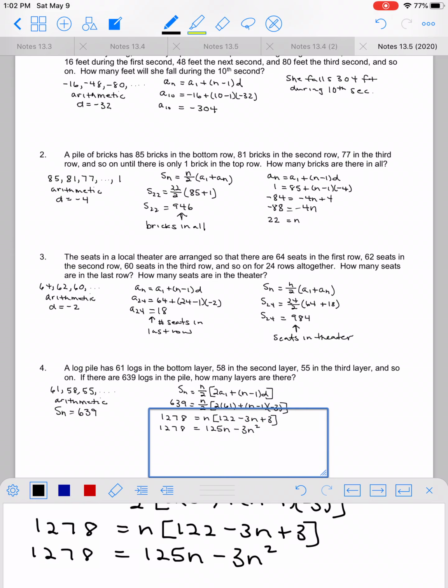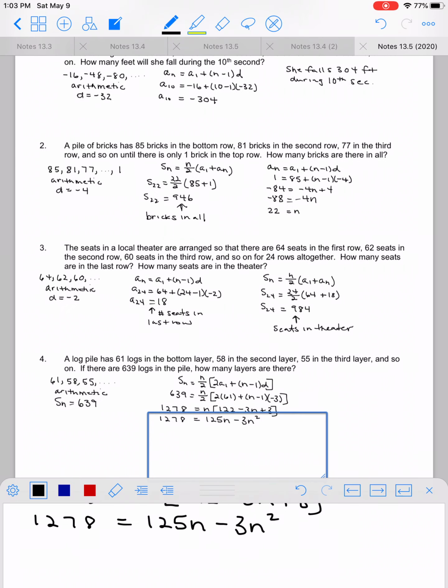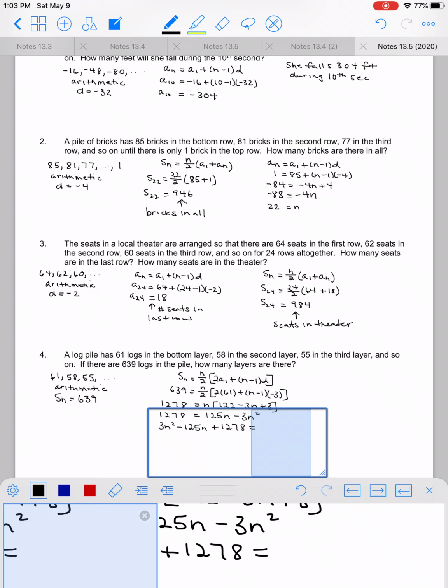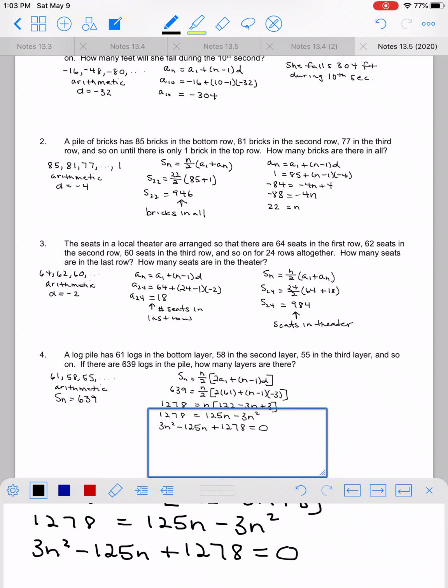This is now a quadratic, so we're going to swing the 3n squared over here: 3n squared minus 125n plus 1278, and we're going to set that side equal to 0.